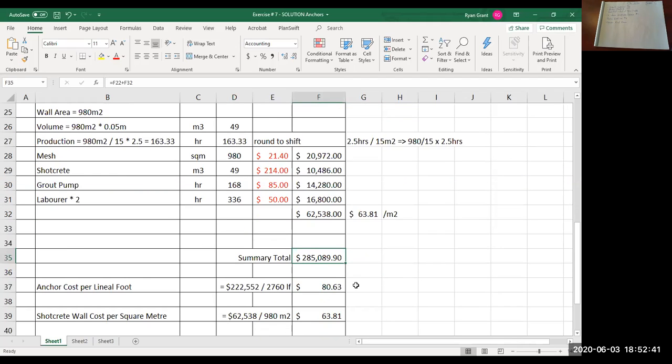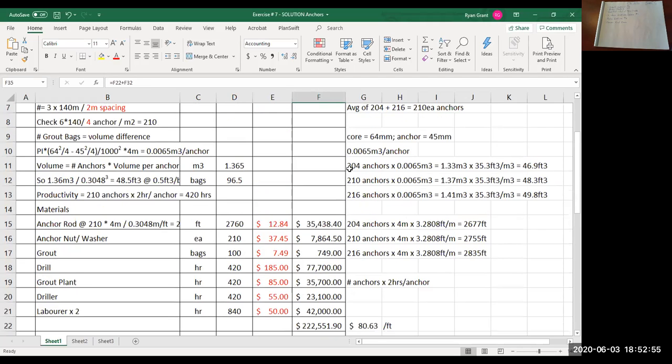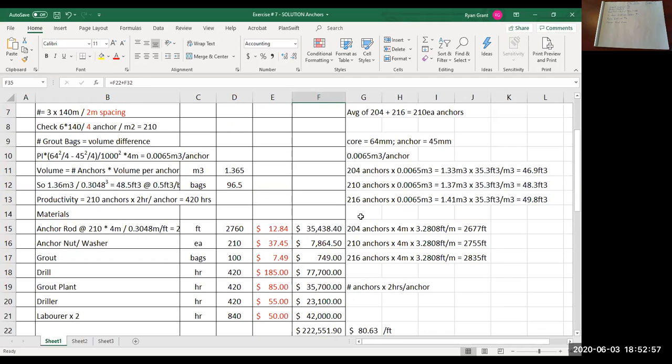So your total, and those calculations are down here, your summary total for this estimate, so the 2 subtotals added together was about $285,000. Again, that will fluctuate slightly depending on the number of anchors that you calculated.